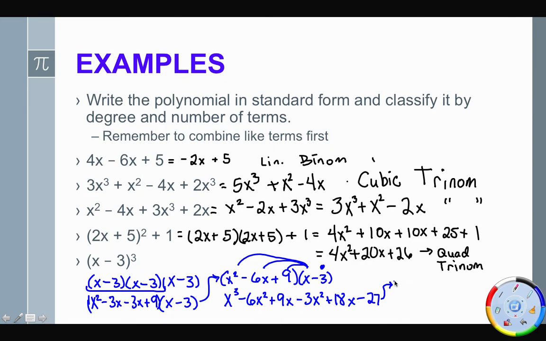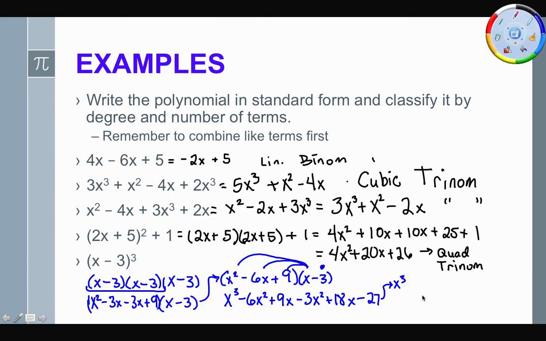So I get x cubed, and then I have a minus 6x squared and a minus 3x squared, which makes a minus 9x squared. Here I get a plus 9x and a plus 18x, which makes plus 27x, and a minus 27 by itself.